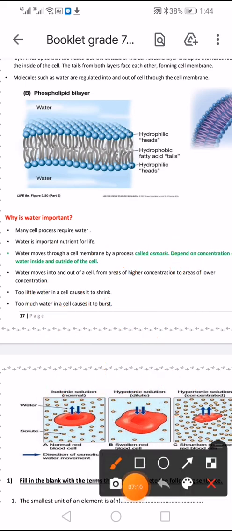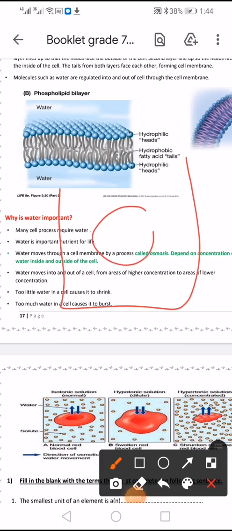Another example, if this is a beaker and we put a cell here, the cell contains a lot of water, and outside there is a little water in the beaker.